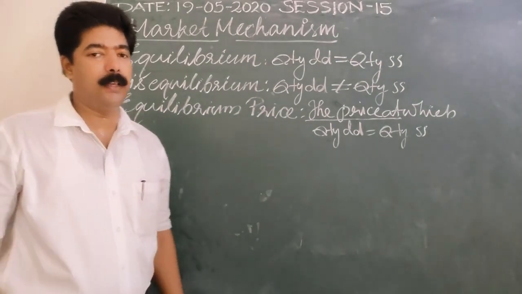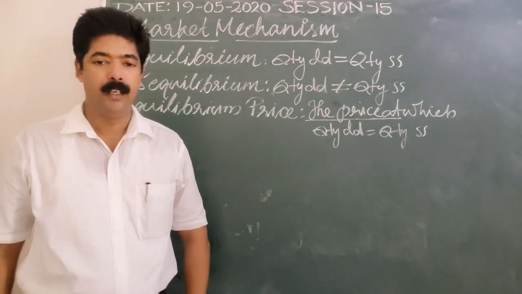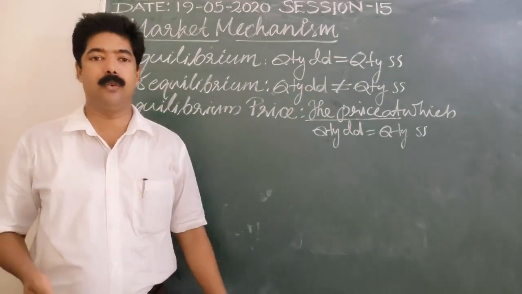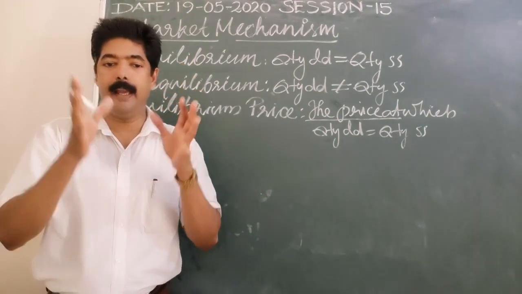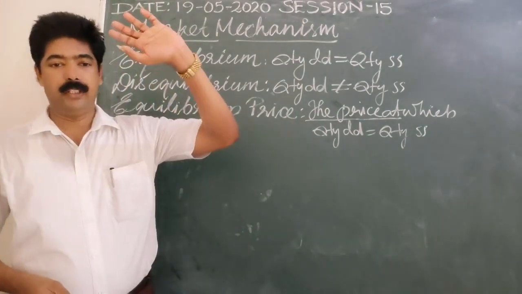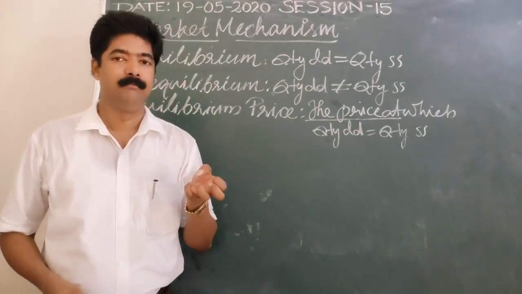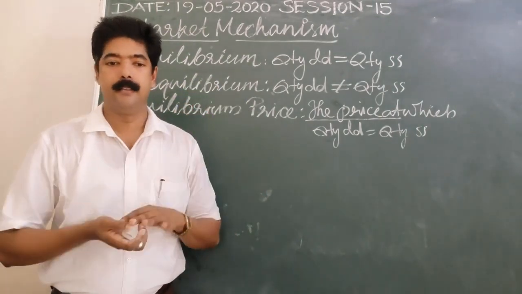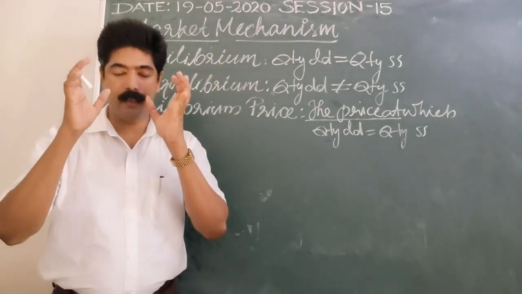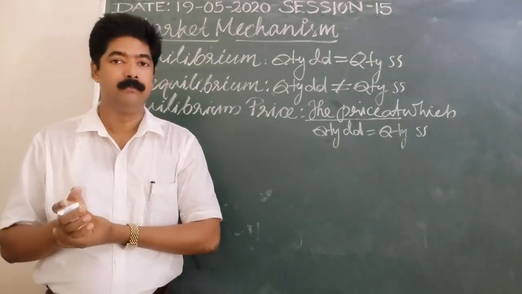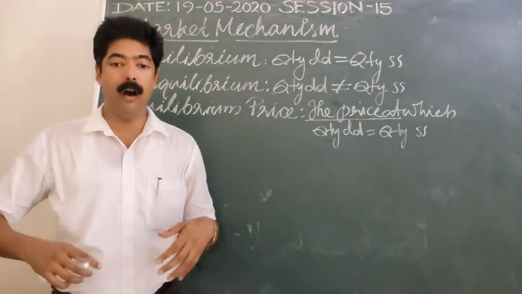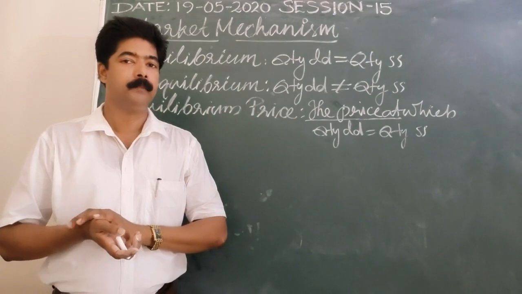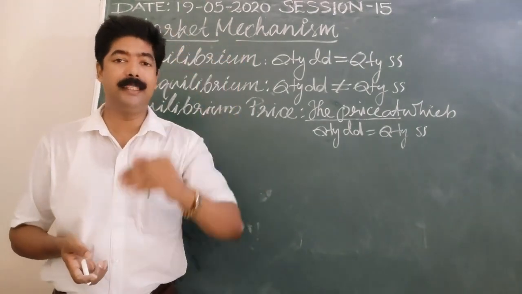Now on the demand side, what is demand? The capacity to get a particular thing. Demand for a good is always generated by buyers. Why do they demand a commodity? Because those commodities possess utility.